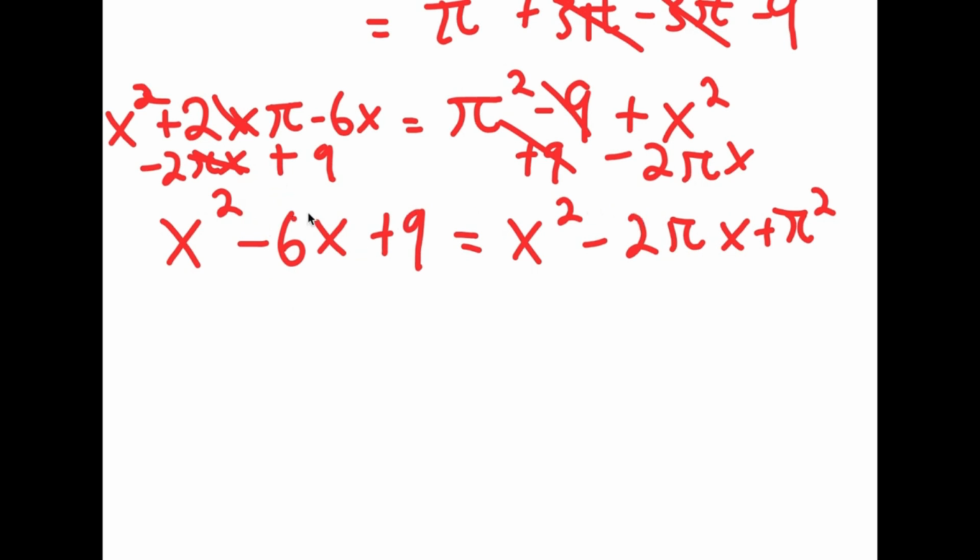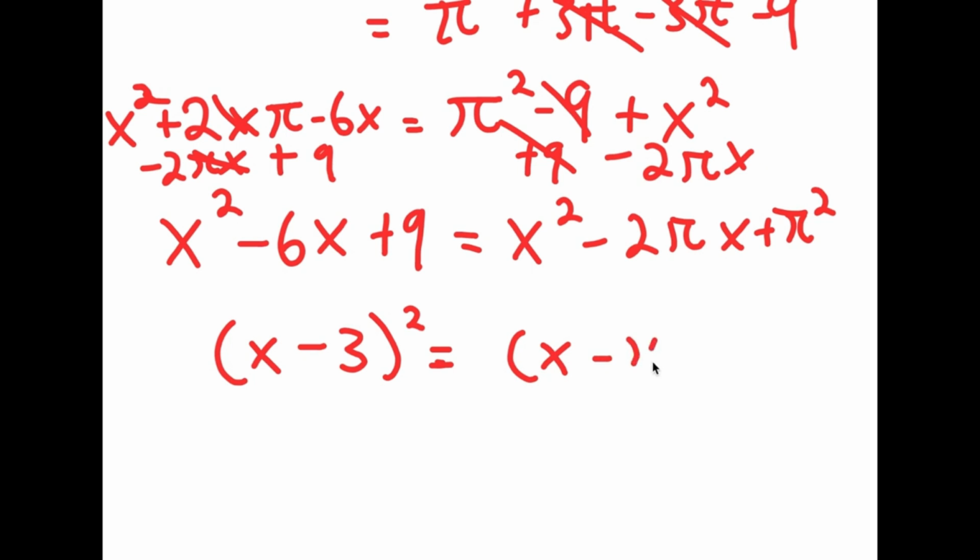And now, x squared minus 6x plus 9 factors into (x − 3) squared, and x squared minus 2πx plus π squared is the same thing as (x − π) squared. So I have (x − 3) squared is equal to (x − π) squared.